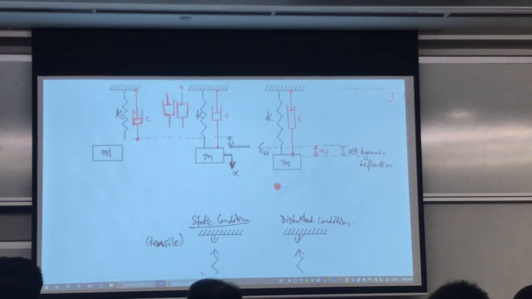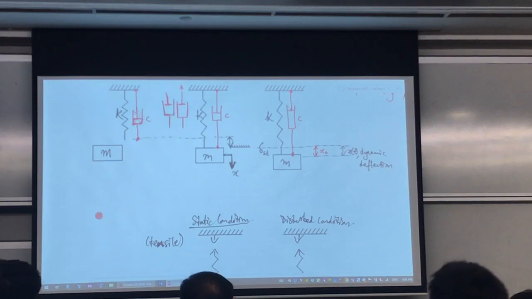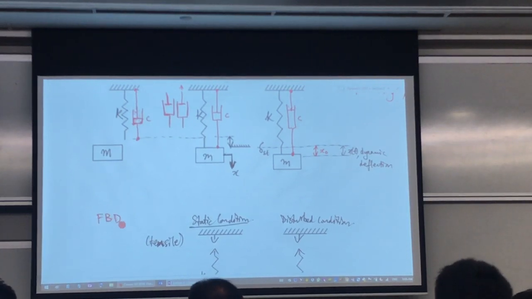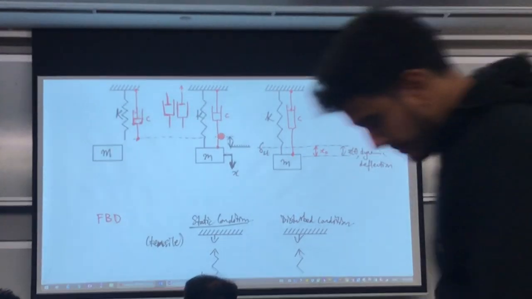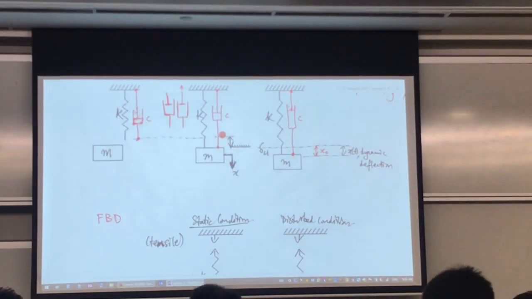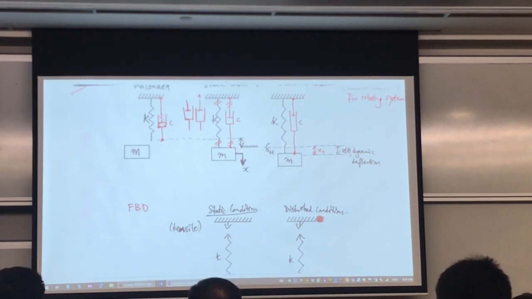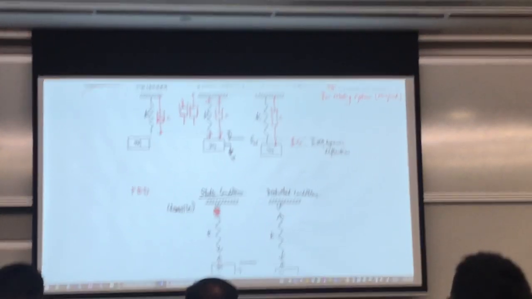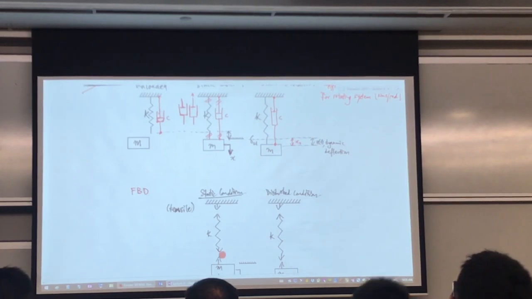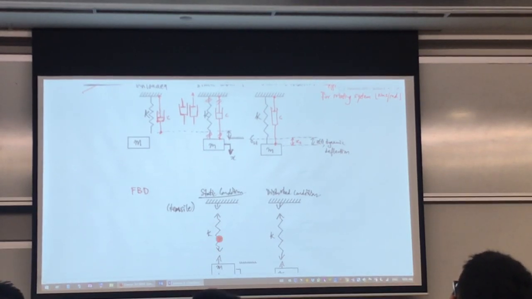So let's have a look at the free body diagram. In order to sketch a free body diagram, we need to cut these two ends. If we were to do that, we saw that for the spring, it's going to look like that because the spring will be under tension.